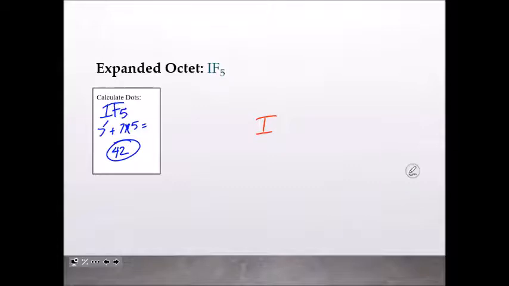Now, this is how I draw these. I'm going to add my 5 fluorines to it. I always do 1 on each side first. And then it doesn't really matter which one you pick. You just put the other one off the diagonal. So I don't care which diagonal you pick, but stick it off the diagonal there.